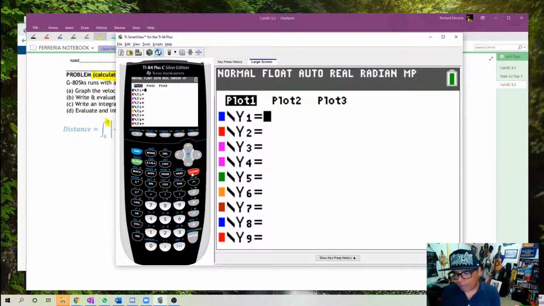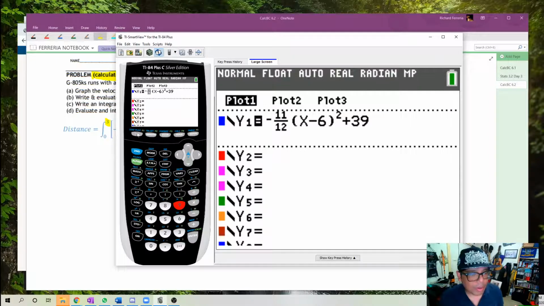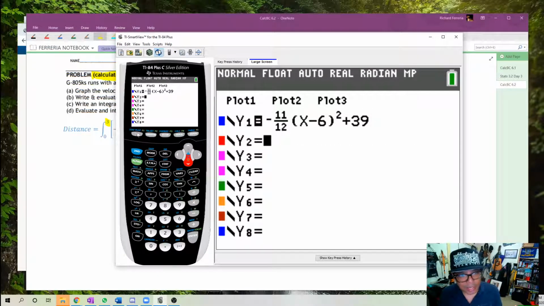And I'm going to type in there the formula for the distance that G805KS runs. Now your calculator may or may not have the pretty print function. I'm finding more and more calculators are having them now. So you can get that 11/12, but anything you do, just make sure you get that absolutely correct. And from here, we're going to go to the home screen.